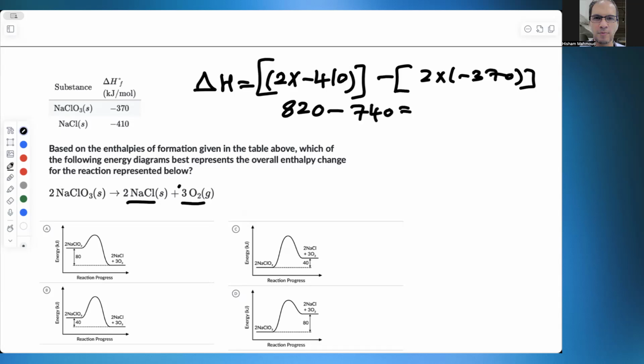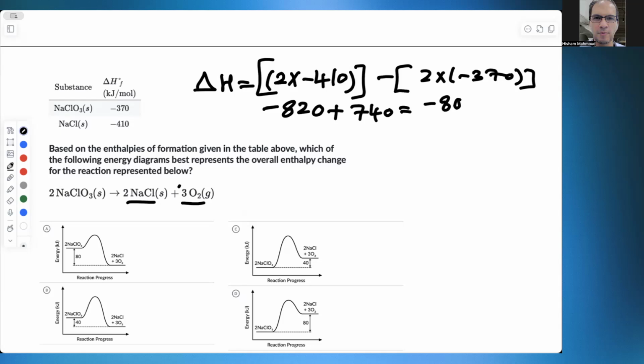That's equal to plus 80 or minus 80. Let me see here. 2, this is negative, right? I didn't put the sign myself. So 2 multiplied, so minus 820 minus minus 370, so plus 740. This is the danger of the signs. So minus 820 plus 740, that's equal to negative 80.